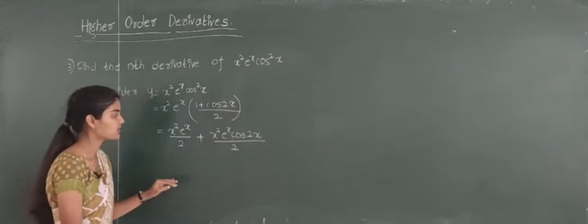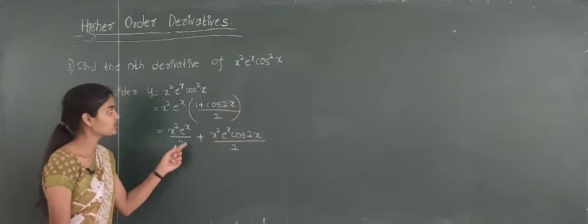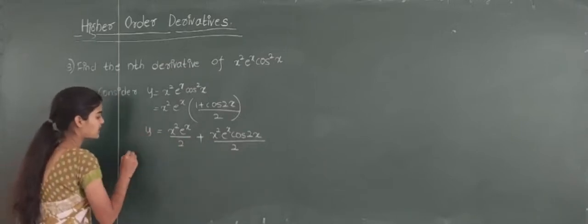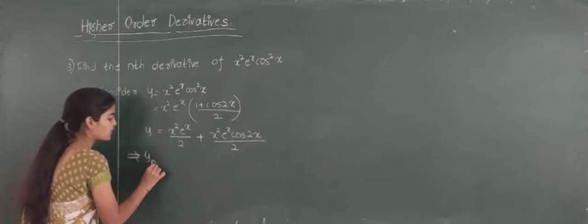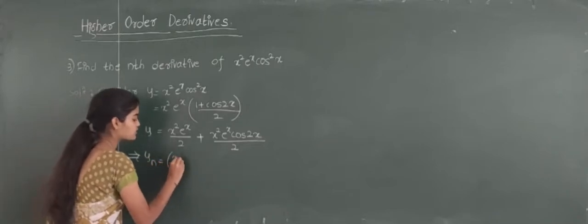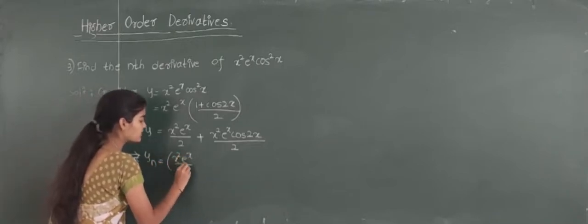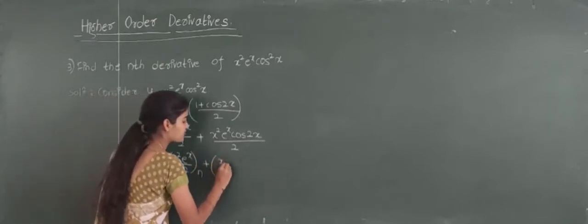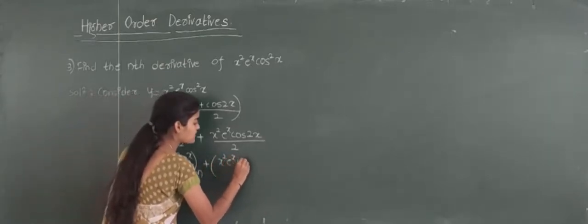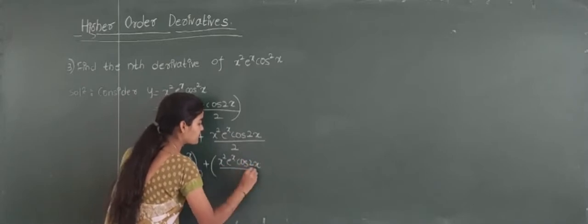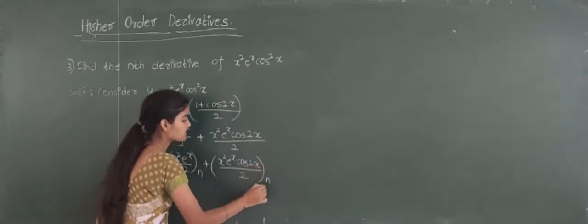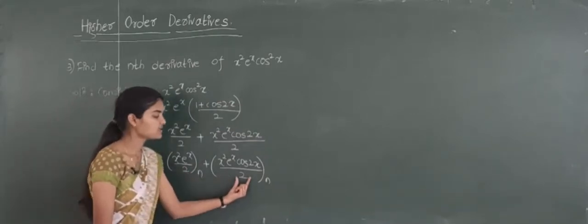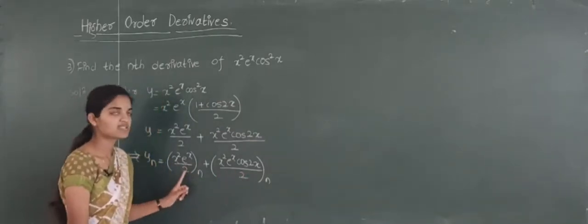So before going to write the Leibniz theorem, let me write yn. This is y, so this implies yn is: x square e raised to x divided by 2, its nth derivative, plus x square e raised to x cos 2x divided by 2 and its nth derivative. And see here, as this 1 by 2 is a constant, I can take it outside.